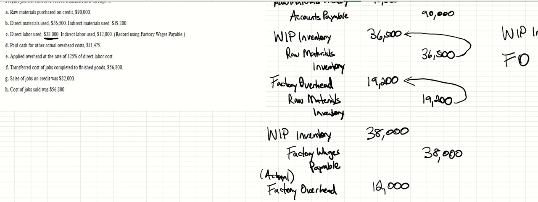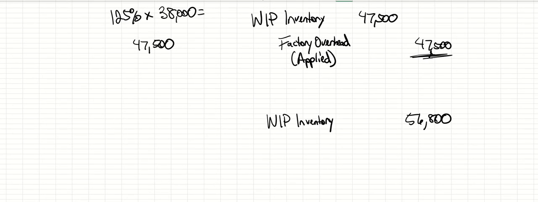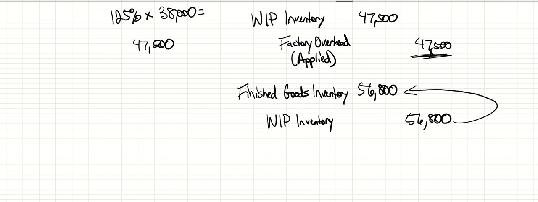It's the end all be all inventory account. So from the WIP inventory of $56,800, we're going to move this balance over to finished goods inventory by debiting that account for $56,800. So we're moving what was currently in process into what's now finished. One inventory account goes down, another one goes up.